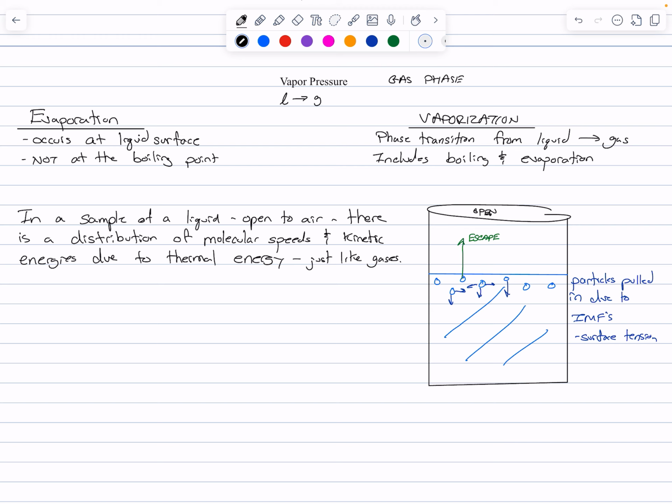If you have 180 milliliters of water, you have 6 times 10 to the 24th molecules, and 1.8 liters has 6 times 10 to the 25th molecules of water. These are astronomically large numbers.